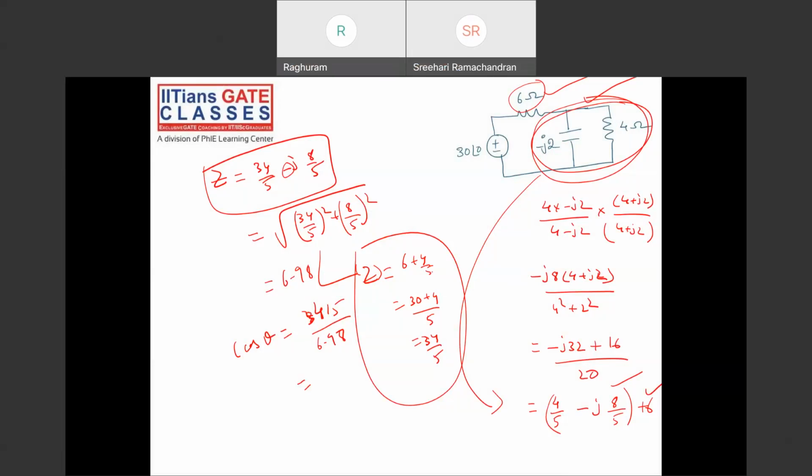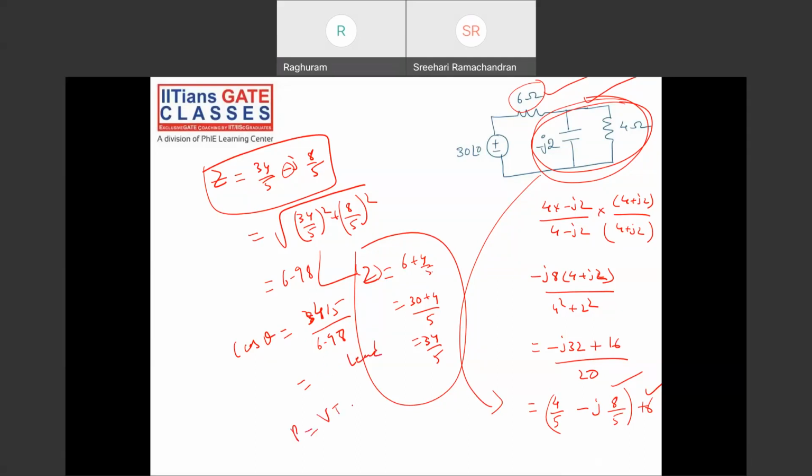So it means sum of all the real parts by that 6.98 impedance. Okay, you will get some angle or cos theta, some value which is leading.